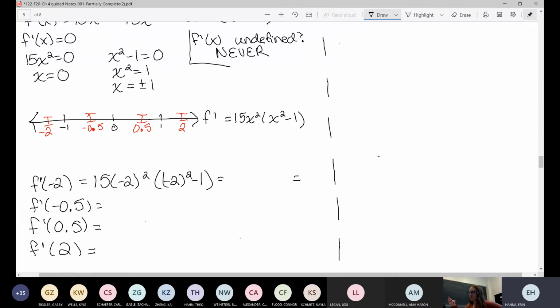That 15x squared, no matter what we plug in, is always going to be positive. So this is always going to start out with a positive value. And then inside here, I'm essentially going to have 4 minus 1, which is a positive value. So we're going to have a positive number. If you're curious what the number is, if you punch that into a calculator, you would get 180, if I did that right.